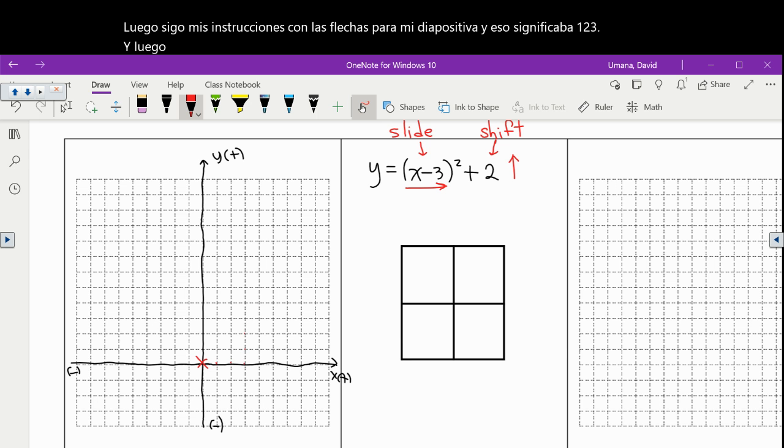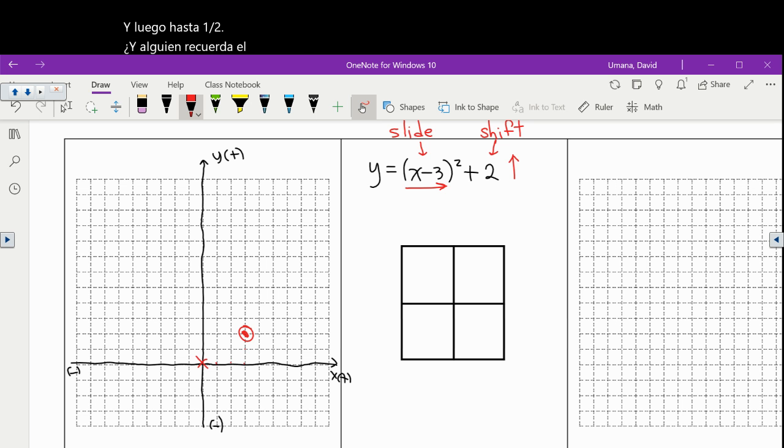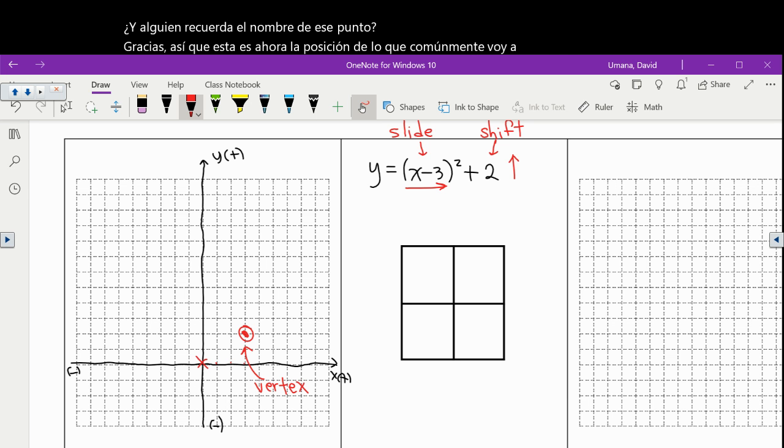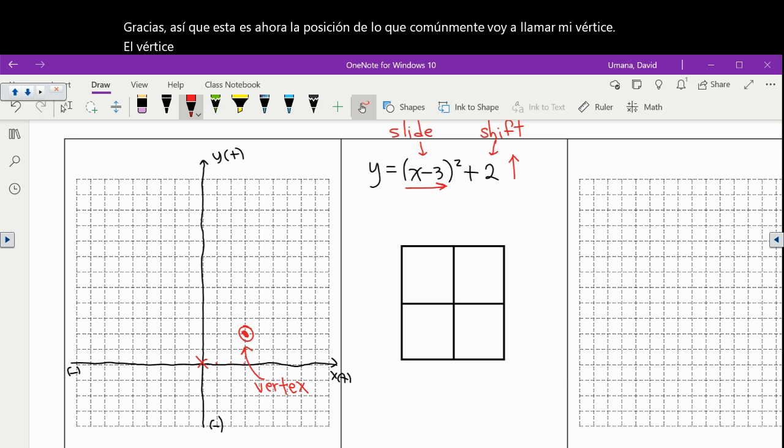So 1, 2. I circle that point. And does anyone remember the name of that point? Thank you. So this is now the position of what I'm going to commonly call my vertex. The vertex is at 3, 2.